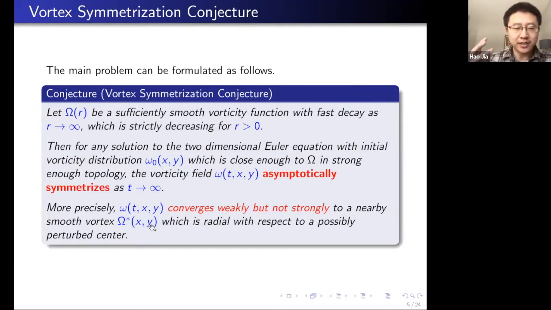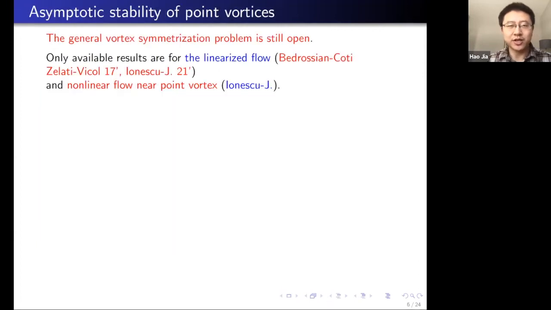But the limiting vortex in the end is smooth and radial with respect to a possibly perturbed center. This is the ultimate theorem we want to prove in this research program. It's still a conjecture, an open problem.